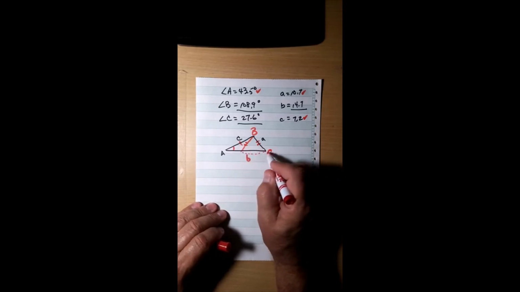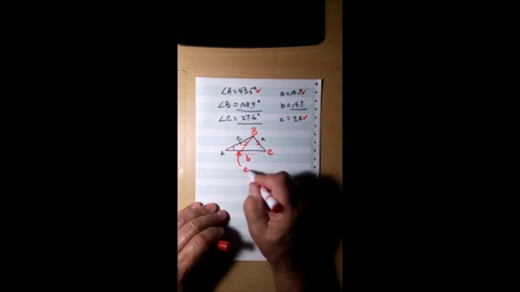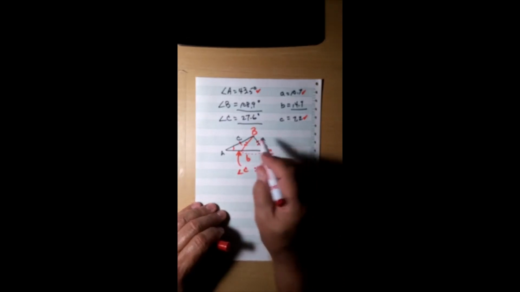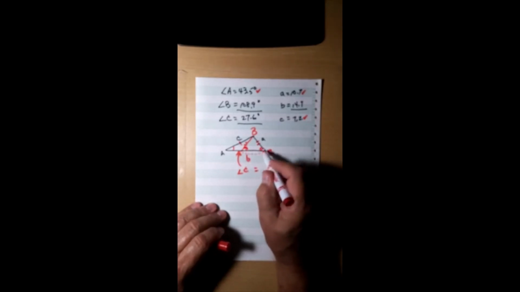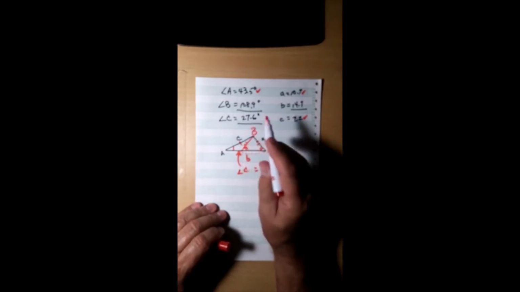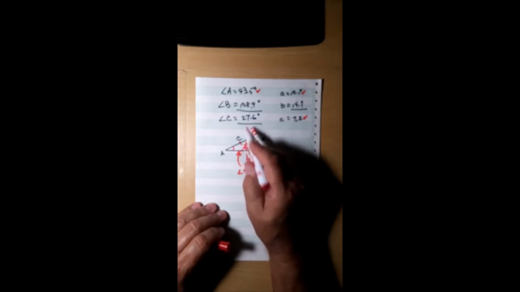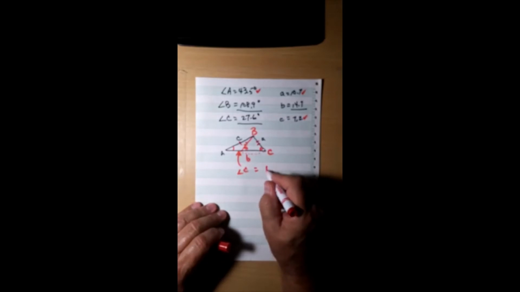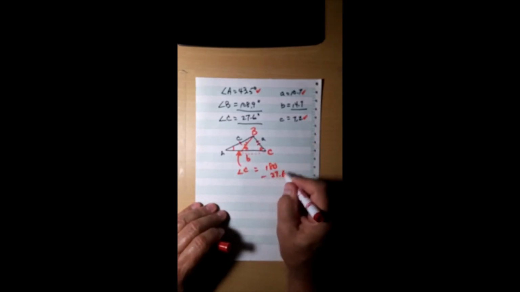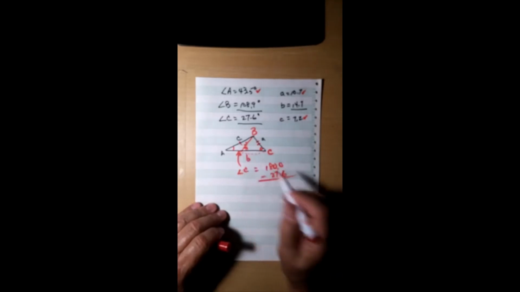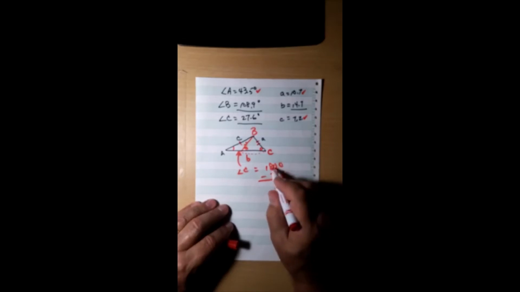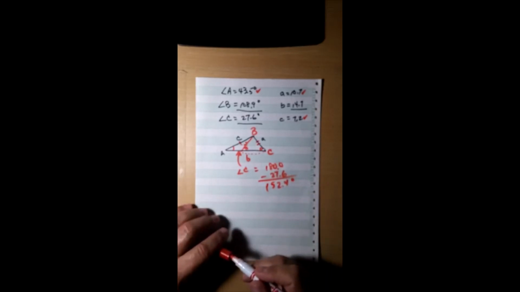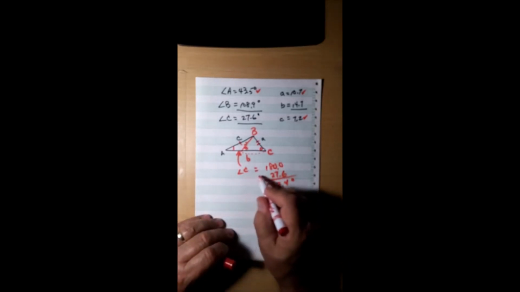It's the same length, but now I've got a new angle C. Well, remember, this is an isosceles triangle, so that means that these two base angles are the same. So this angle C, which is 27.6, this angle C, which is also 27.6, 180 degrees minus 27.6 will give us this new value of C. 10 minus 6 is 4, 9 minus 7 is 2, 7 minus 2 is 5, 152.4. So that is our new candidate for angle C.